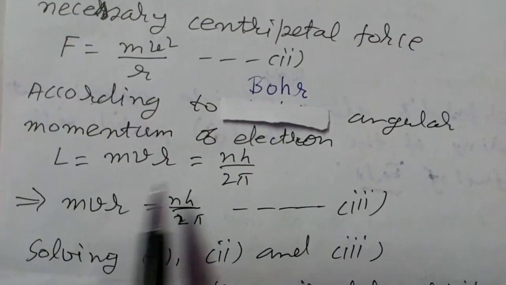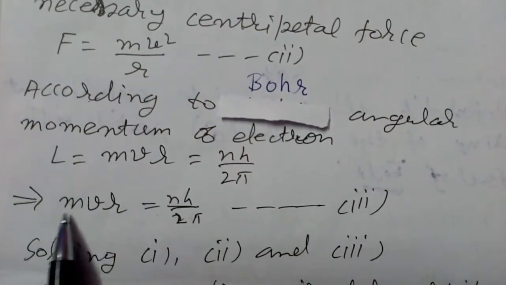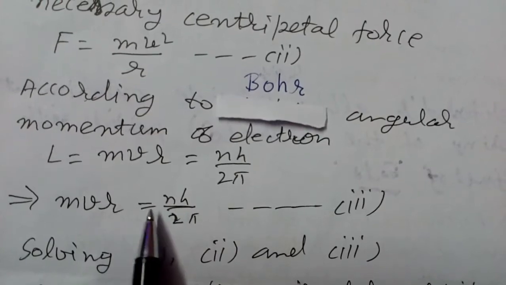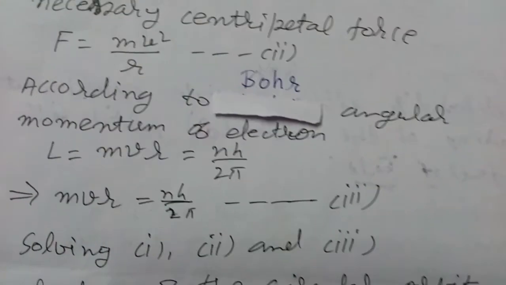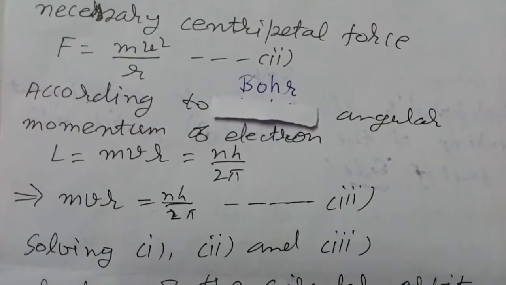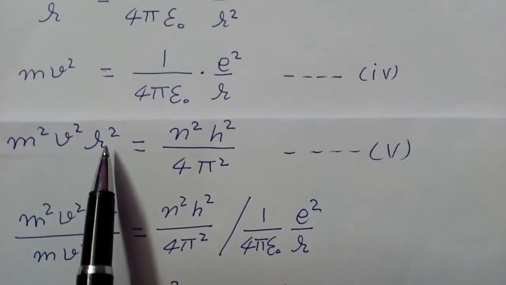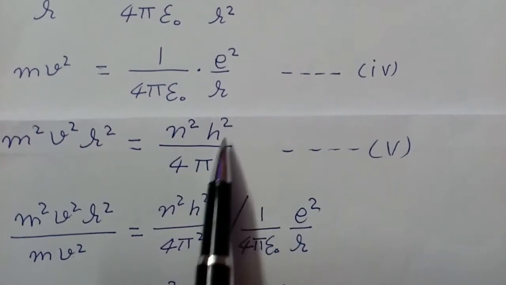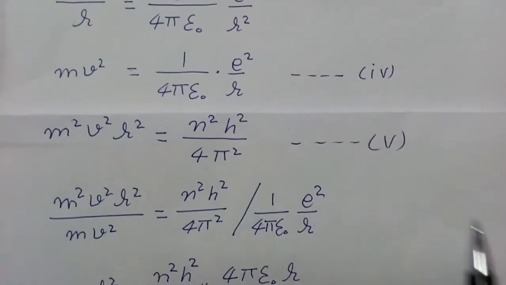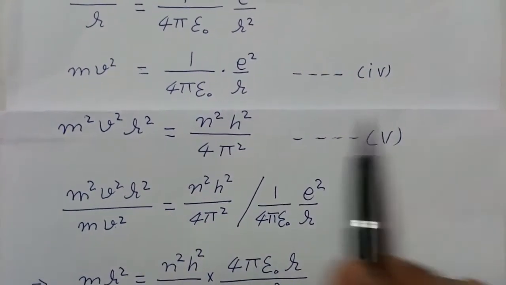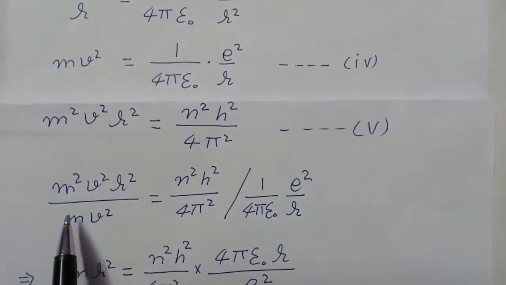Now this term mvr is equal to nh upon 2 pi. Square this term on both sides, then m square v square r square is equal to n square h square upon 4 pi square. Now divide this by mv square.